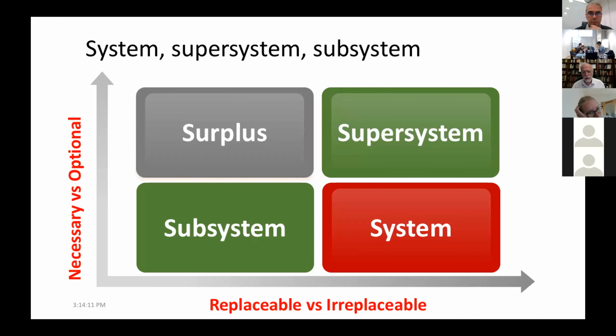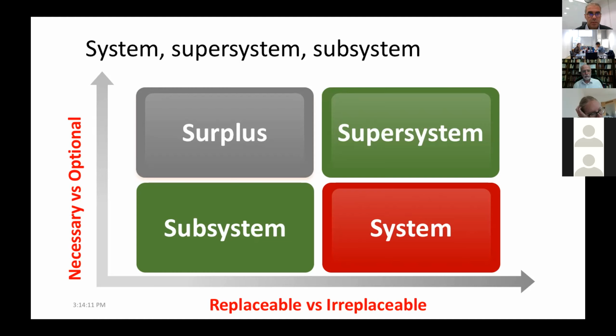But now about this system, subsystem, super system. I know from experience, so I have introduced this slide after some time to explain what they are. The people do not recognize which is which. So if something cannot be replaced and it is necessary, it is a system.